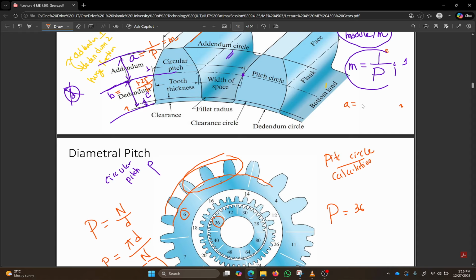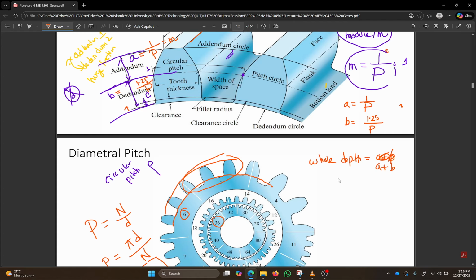So I'm writing this again: A is equal to 1 by diametral pitch, B is equal to 1.25 by diametral pitch. And there's something called whole depth. Whole depth is nothing but A plus B.